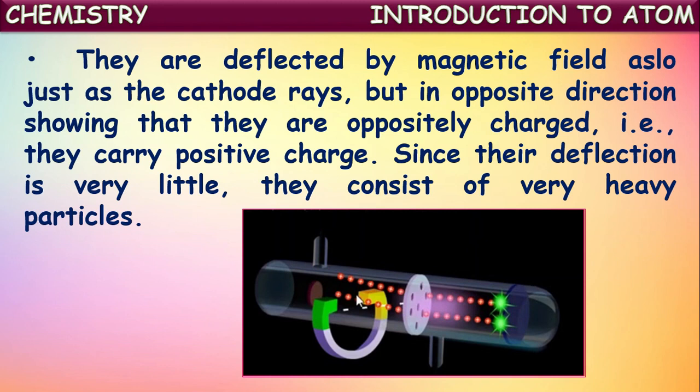The deflection created by the magnetic field or electric field is somewhat less for these anode rays compared to cathode rays. This shows that these positive ray particles are heavy, unlike the cathode rays. That is why the deflection is somewhat less.